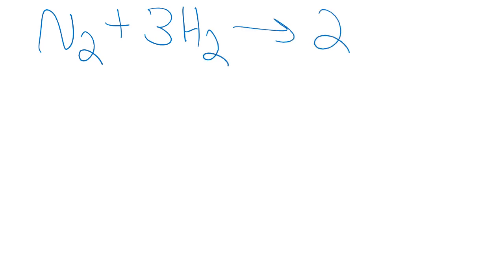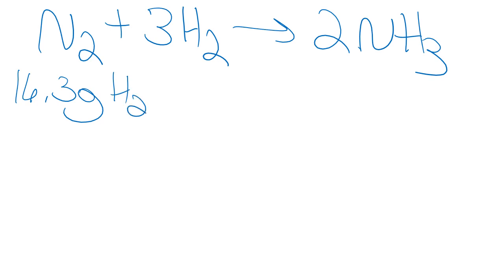So you are given two things: nitrogen plus hydrogen forms ammonia, or 1 mole of nitrogen plus 3 moles of hydrogen forms 2 moles of ammonia. Now we have to take the grams of hydrogen and determine if that's the limiting reagent. We have 16.3 grams of hydrogen.